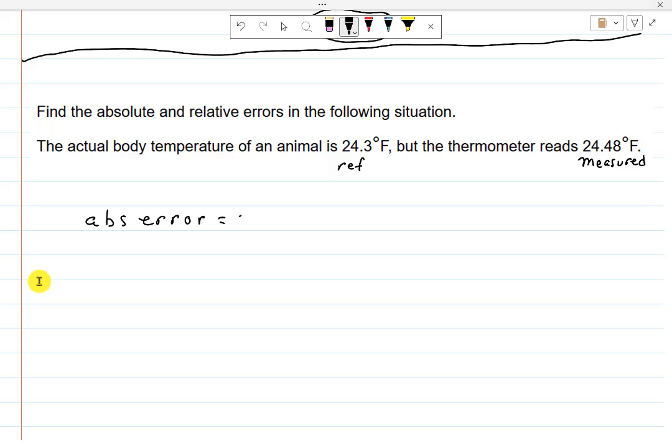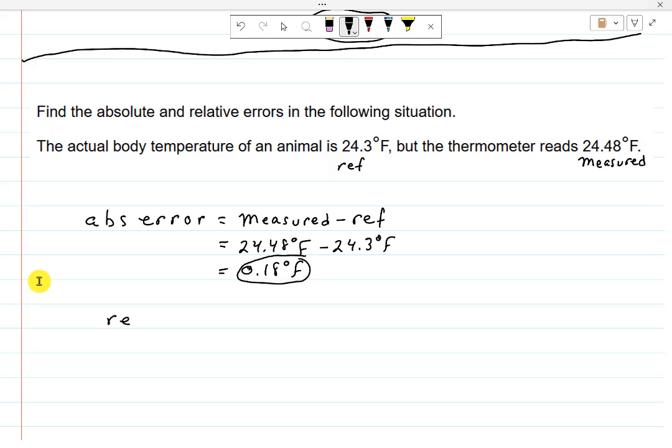That's going to equal the measured minus the reference. The measured is 24.48 degrees Fahrenheit minus 24.3 degrees Fahrenheit. That ends up being 0.18 degrees Fahrenheit.